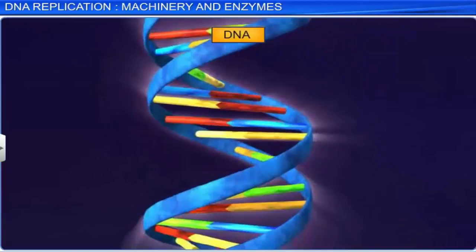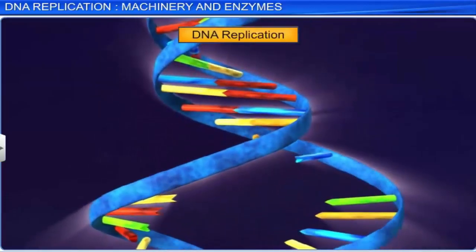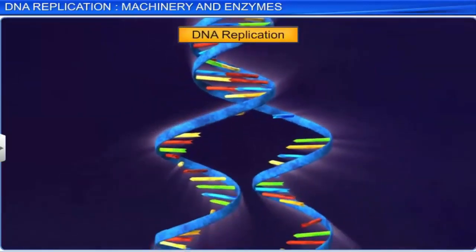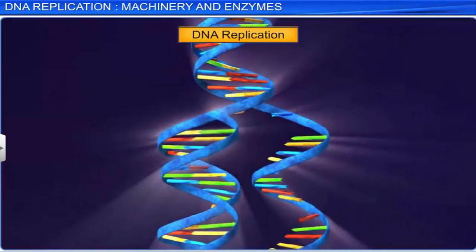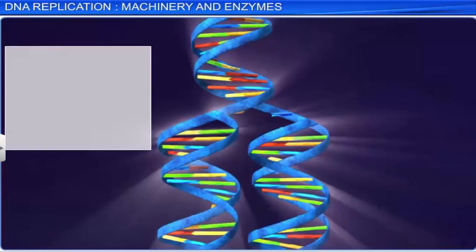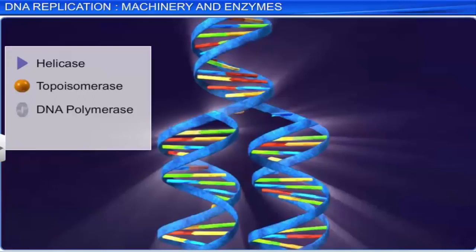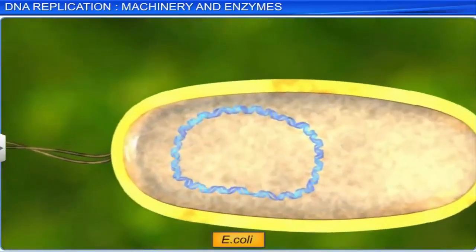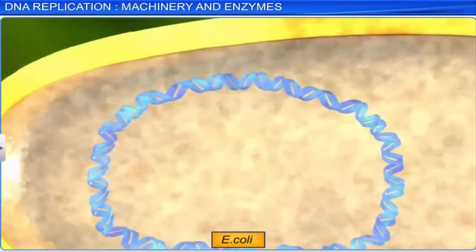DNA replication is a fundamental process that all living organisms undergo to copy their DNA. It is an elaborate process that requires several enzymes such as helicases, topoisomerases, DNA polymerase, and DNA ligase to catalyze the replication reaction. In a cell, DNA replication begins at a specific point.